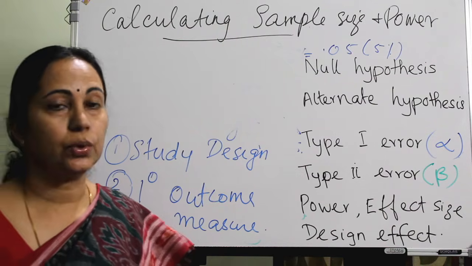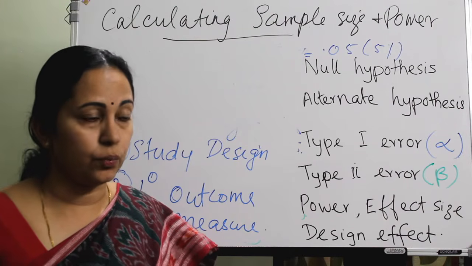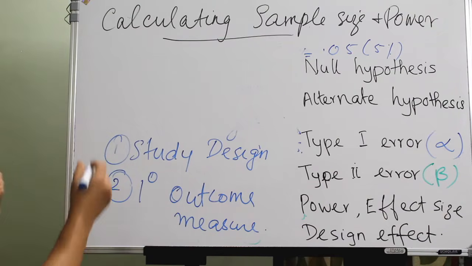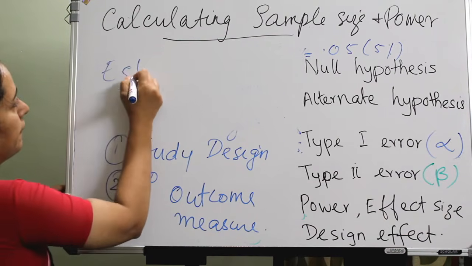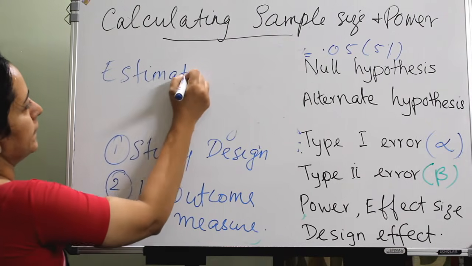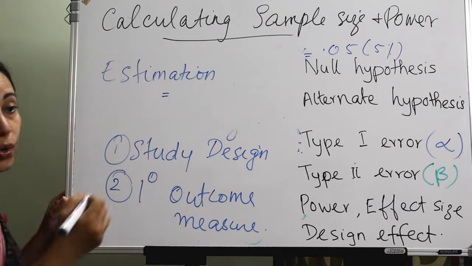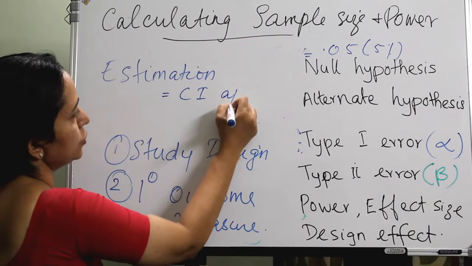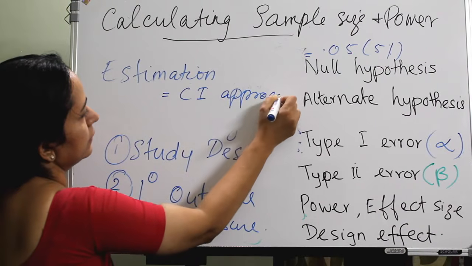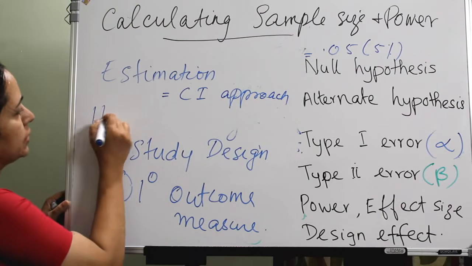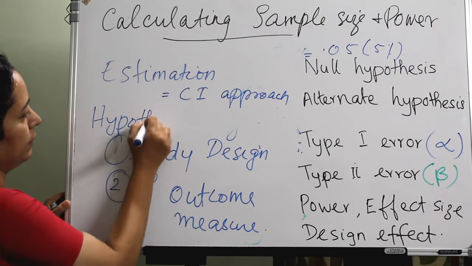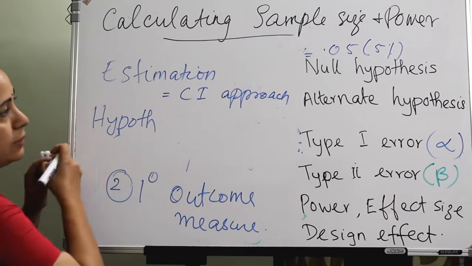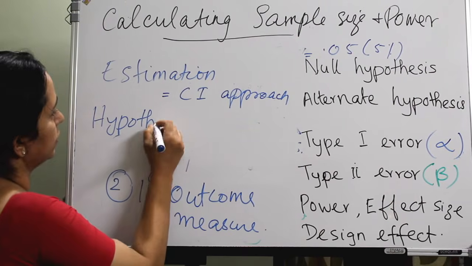Okay, and also there are different approaches for estimating the statistical inferences. For example, if you are looking for an estimation, it is usually the confidence interval approach. Okay, confidence interval approach. And if you are going with hypothesis testing, you are finding out whether it is the null hypothesis or alternate hypothesis.